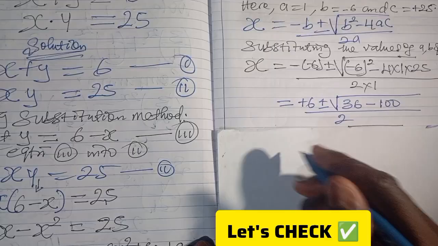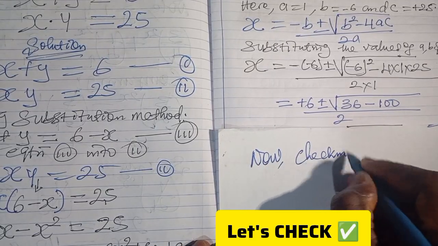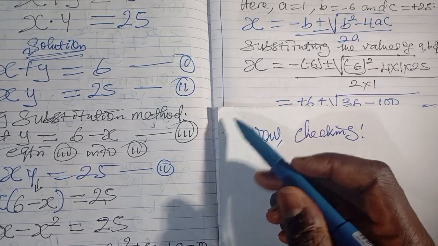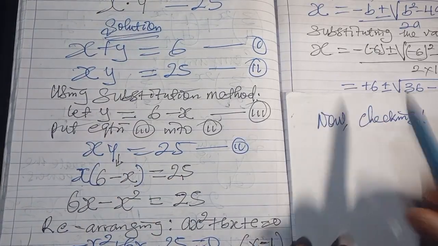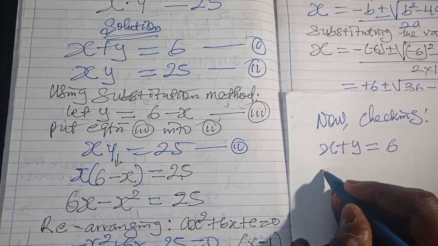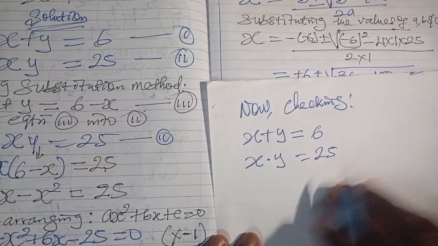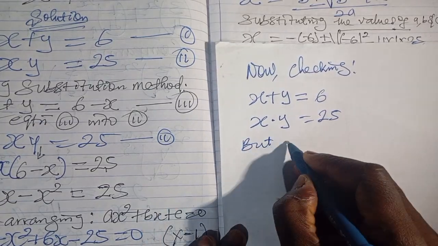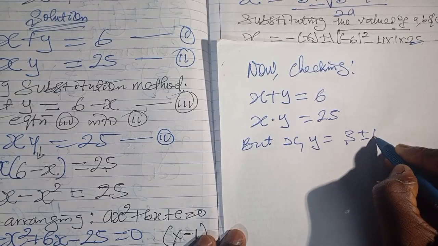Now let's check. Recall, we have x plus y as 6, and x multiplied by y as 25. Let's try and check using this paper here. x and y are 3 plus or minus 4i.